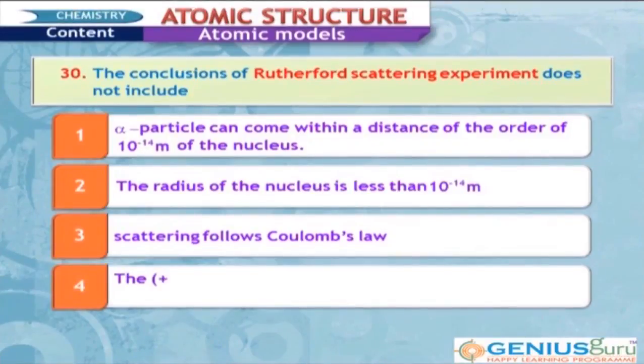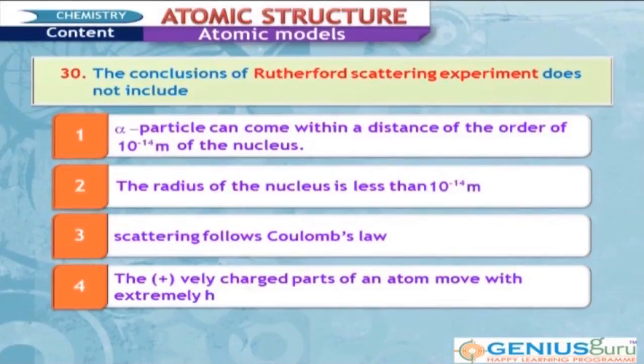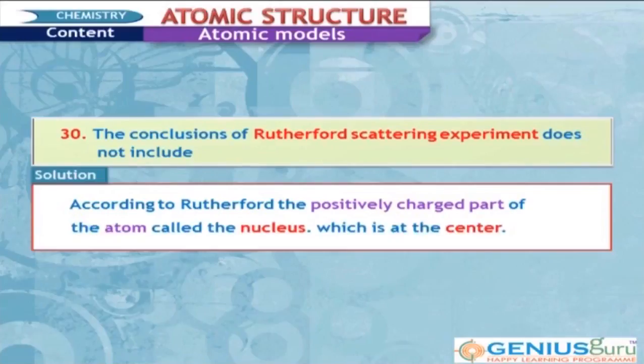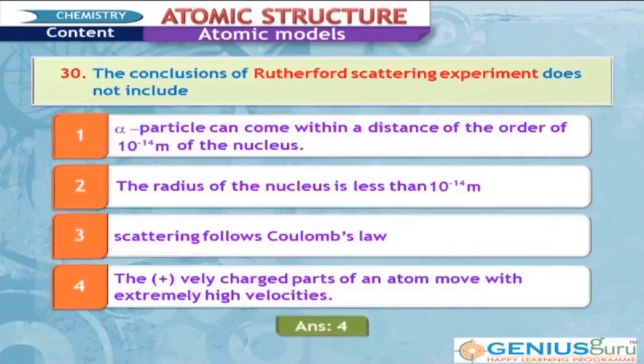And fourth one, the positively charged parts of an atom move with extremely high velocities. According to the Rutherford model, the positively charged part of the atom is called the nucleus, which is at the center. But in the given options, the positively charged part of an atom moving with extremely high velocities is not included. Hence the correct option is 4.